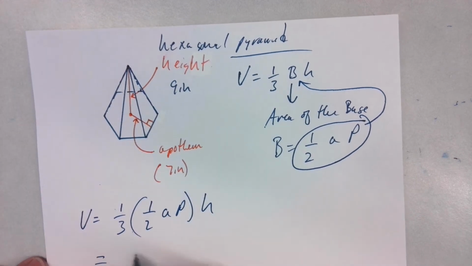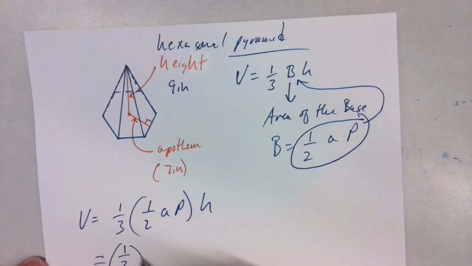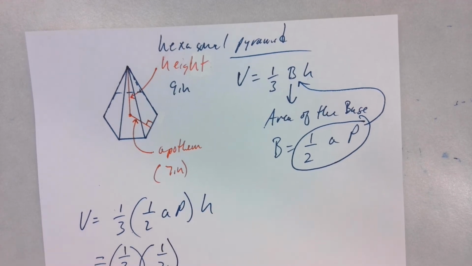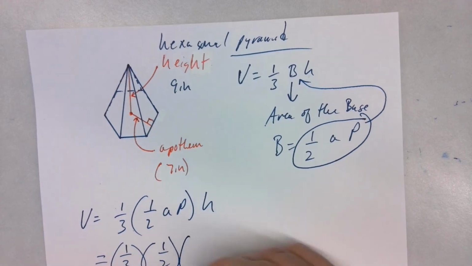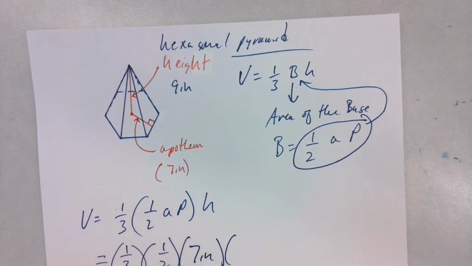Okay, so I'm going to go 1/3, right, times 1/2, correct, times my apothem, which is what? 7 inches, times my perimeter. Huh. Anybody see a problem with that? Did I give you the length of a side?